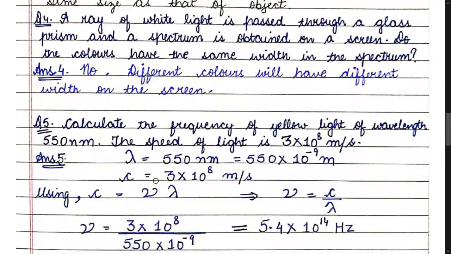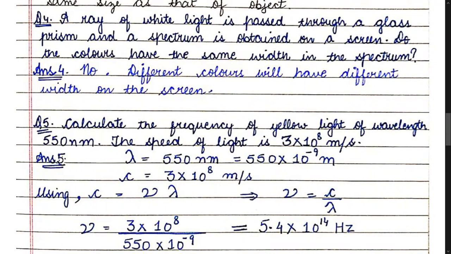So the next question is, a ray of white light is passed through a glass prism and a spectrum is obtained on a screen.